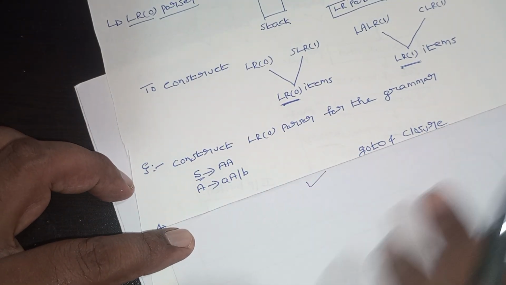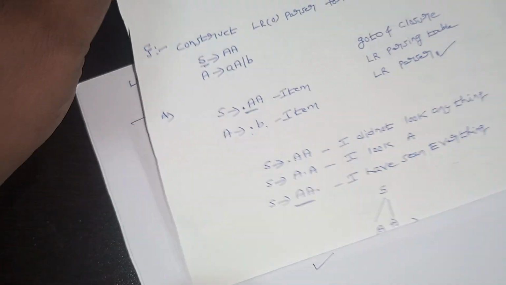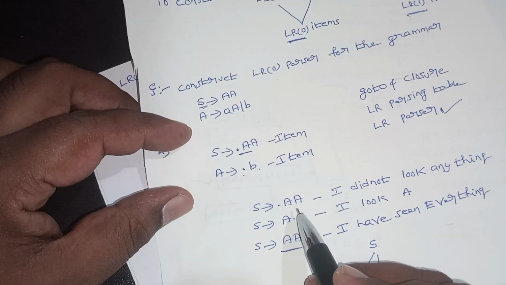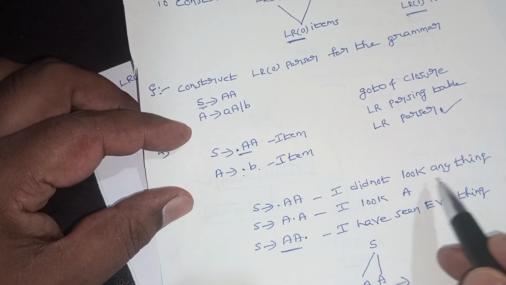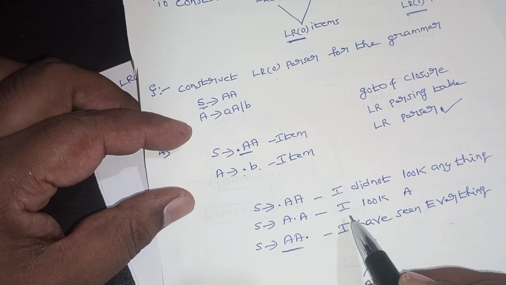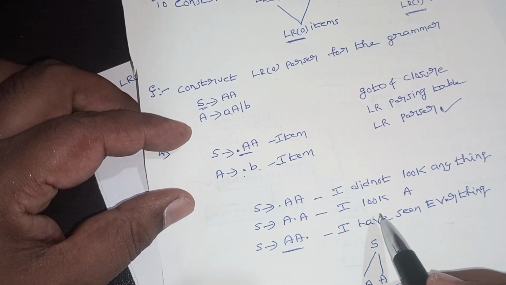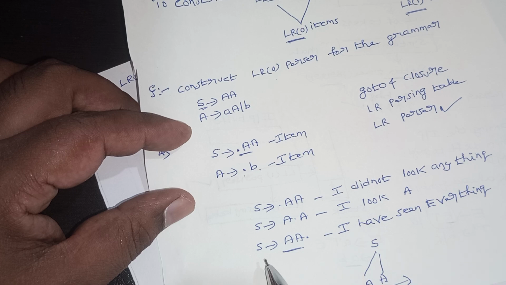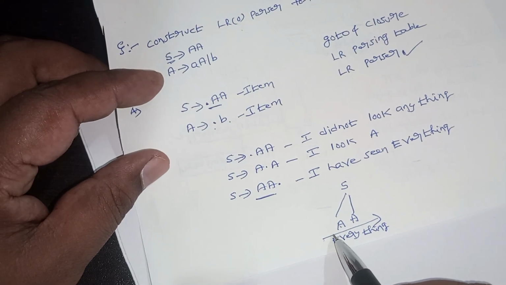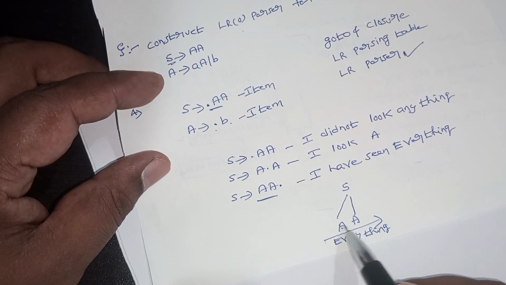Now for the grammar, understand, this is very important. Dot A, I didn't see anything. If I write S tends to A dot A, I have seen A. S tends to AA dot, I have seen everything. So when you see everything, I am able to reduce to S.